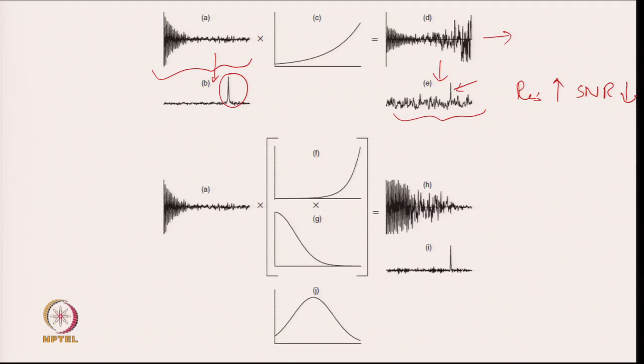So, another way is to multiply by this function and then multiply by this function. One is increasing and the other is a decreasing function, and that looks like this. Initially it is increasing, while the later part is decreasing, and what it does is that it gives you this kind of FID, and that leads to this kind of frequency domain signal.